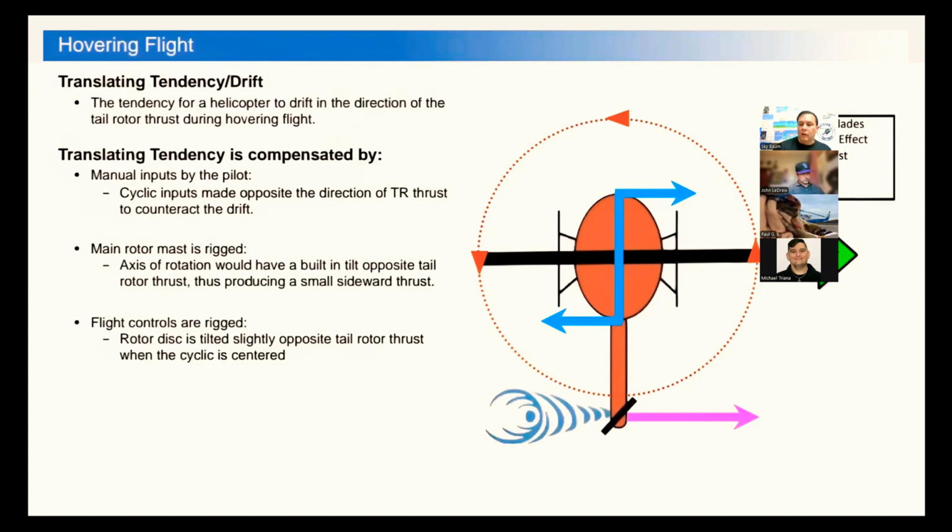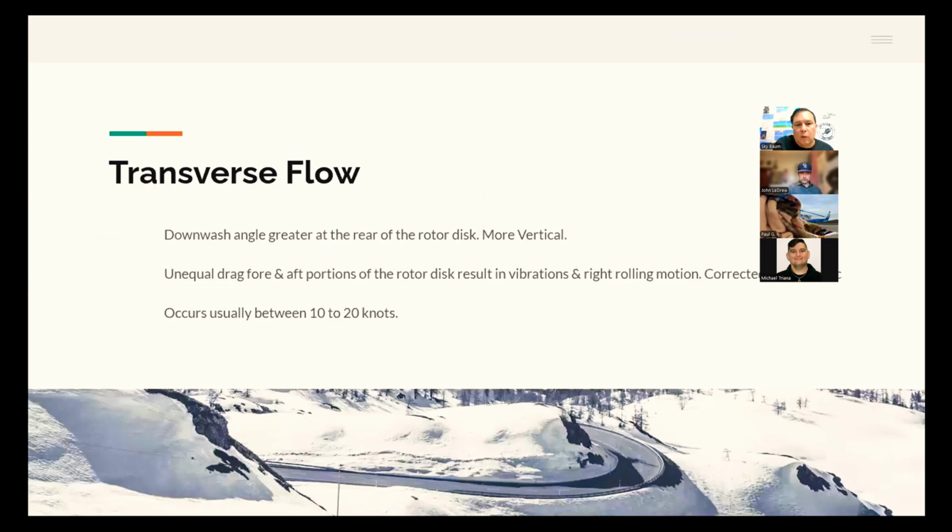But moving on to transverse flow. I like to watch these videos from Justin at Helicopter Lessons in 10 Minutes or Less. What we're showing here is that transverse flow affects more the back part of the disc. You have that air coming through the front, so it's not as effective on the left side, and effectively you're having some more lift.